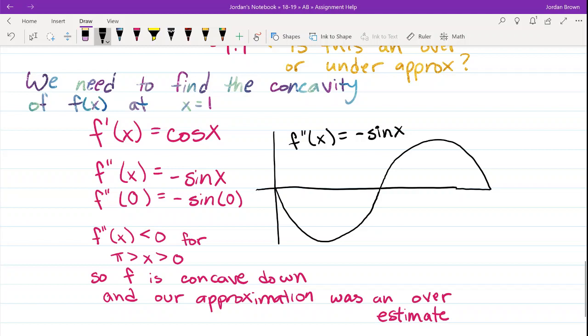And this is 2 pi, this is pi, pi over 2, 3 pi over 2. The graph is below the x-axis for 0 to pi. That means that the second derivative is less than 0 for x values between 0 and pi.